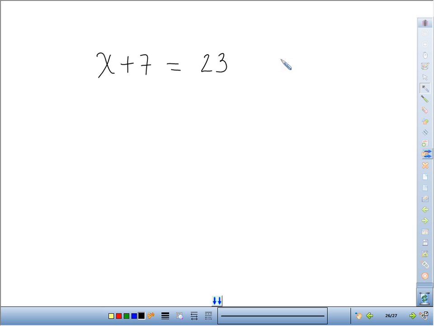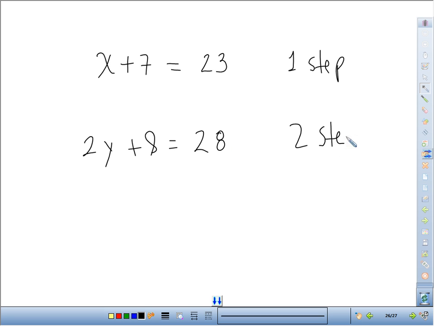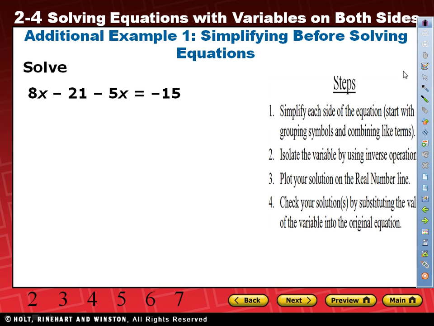And then this one was specifically called one step because it only requires one step to solve. From there, we went to two-step equations. And today, we're getting into multi-step, which is more than two steps. Okay? All right, so here we go.